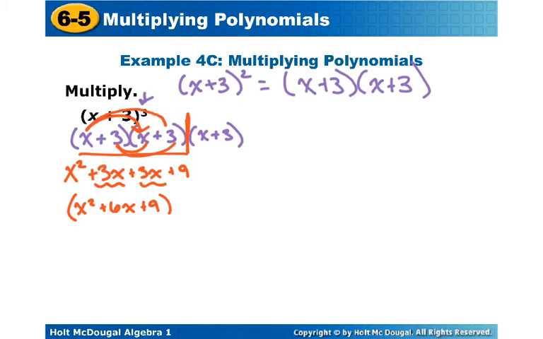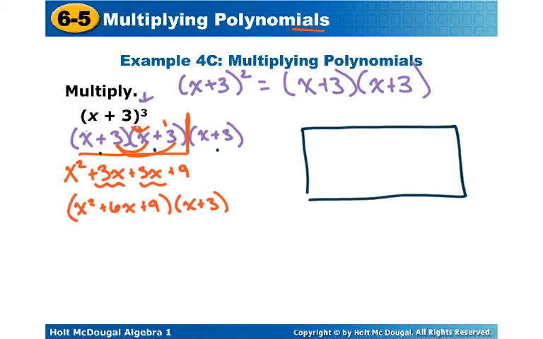So now, if you guys notice, you have a binomial multiplied with a trinomial. Okay? And that was simply just taking this problem of x plus 3 to the third power and writing it out as 3 separate terms. So now, just so you guys can see it, I'm going to do the box method.